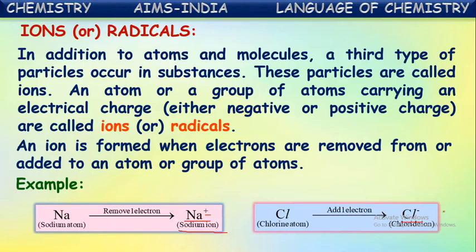This is an ion formed by the gain of electrons, and the sodium ion is formed by the loss of an electron. Both are charged particles obtained by atoms either by gain or loss of electrons, and they are called ions or radicals.